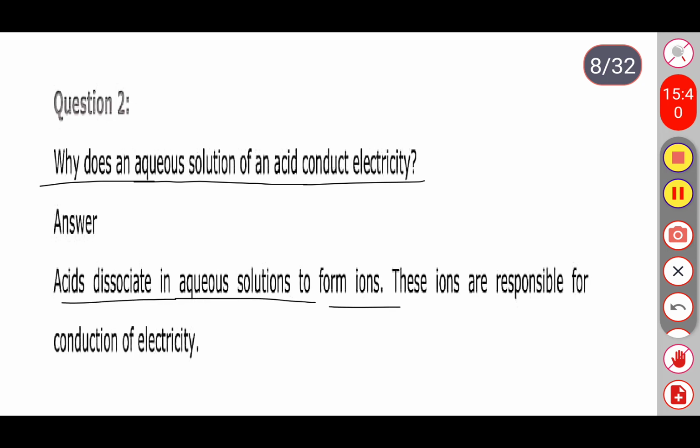Whenever acidic substances are dissolved in water, they release hydrogen ions. With the help of those hydrogen ions the electricity is passed. That's why we consider acidic solutions to be good conductors of electricity. Let's see the next question.